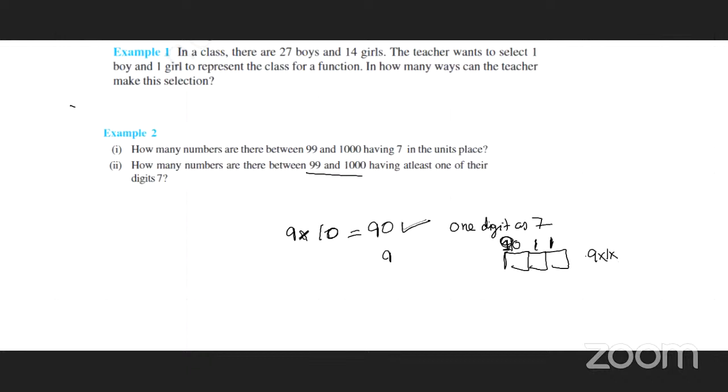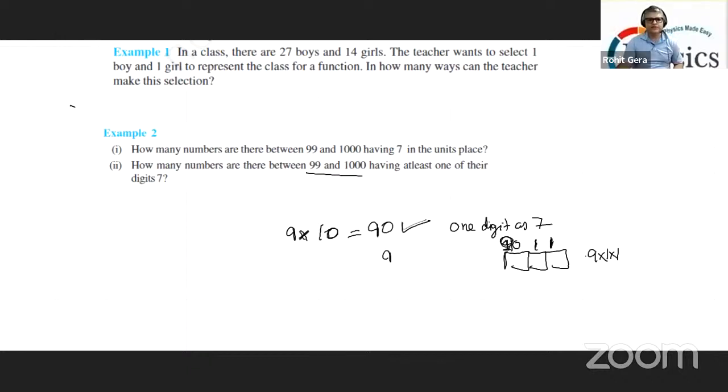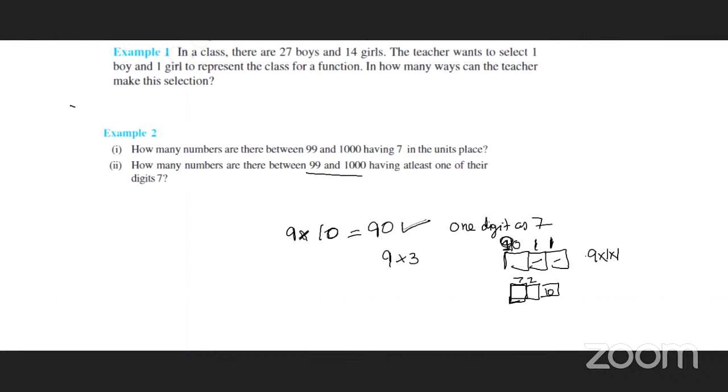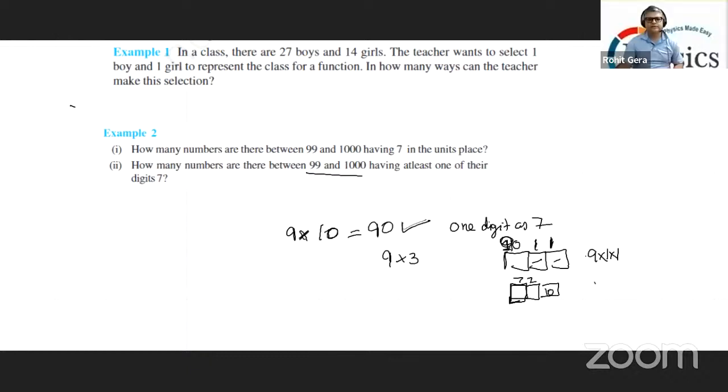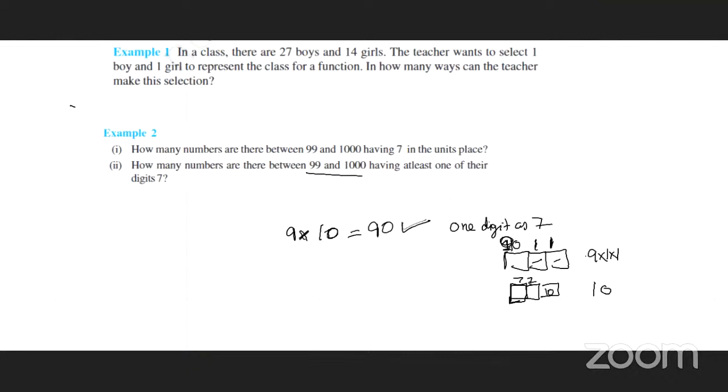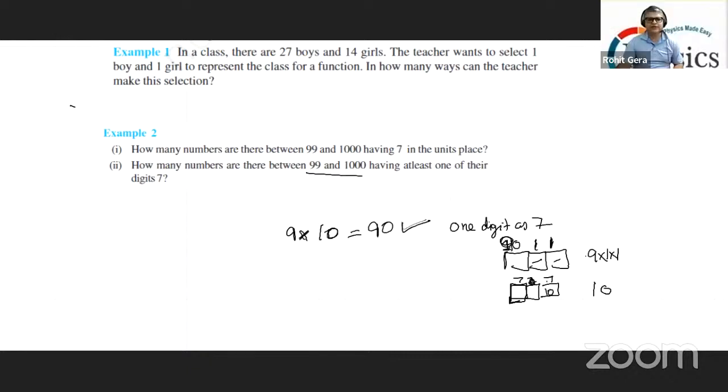And if the first digit is 7, and the last two are free, and if the first two are 7, then 10, right? And if first and last are 7, then again 10.